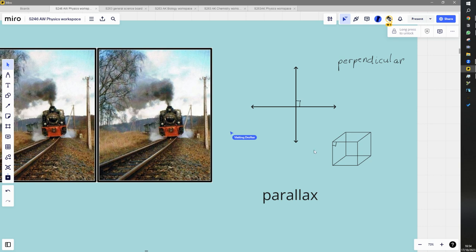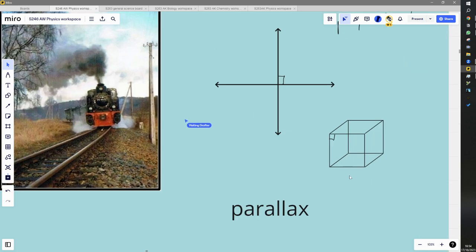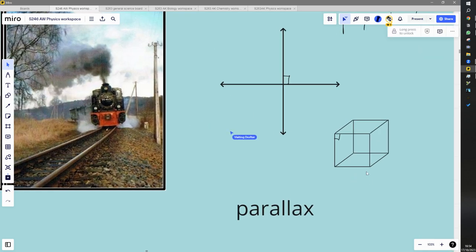But coming back to what we're actually seeing with our eyes, this is a representation of a 3D object, and it's how we would draw it on a two-dimensional piece of paper. As you can see, we've got right angles here, but we don't have right angles in the depth dimension.